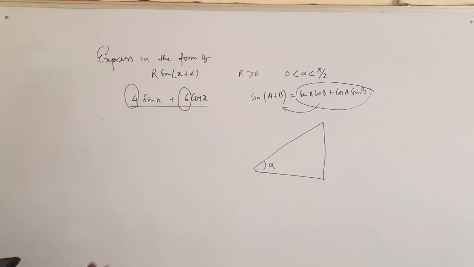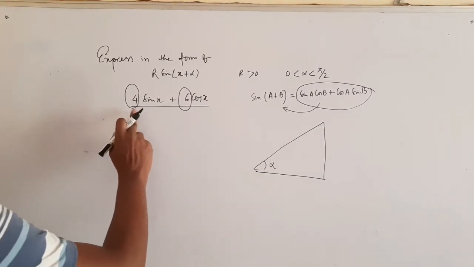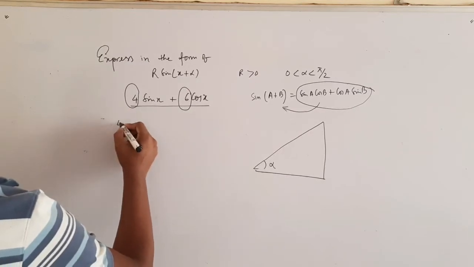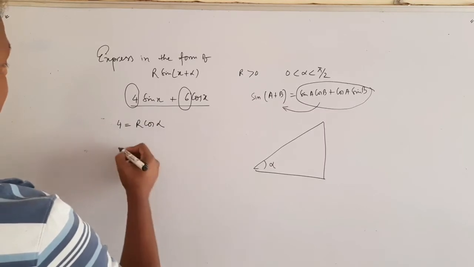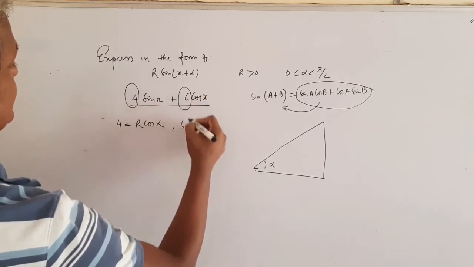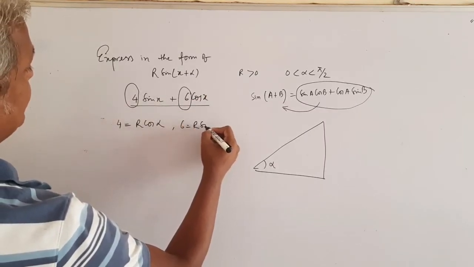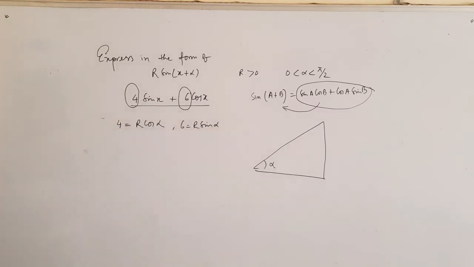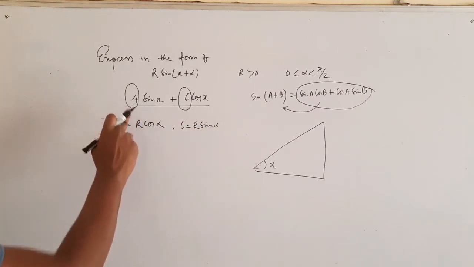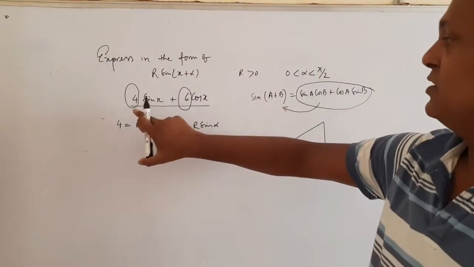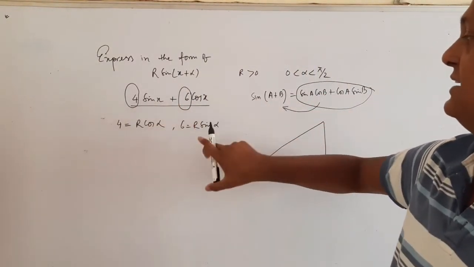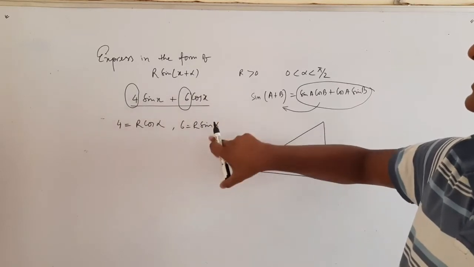Okay, so what we have to do is assume that 4 is equal to r cos alpha and this 6 is equal to r sine alpha. Why? Because if you do that, this 4 will become cos alpha. So we will have cos alpha sine x and sine alpha cos x.